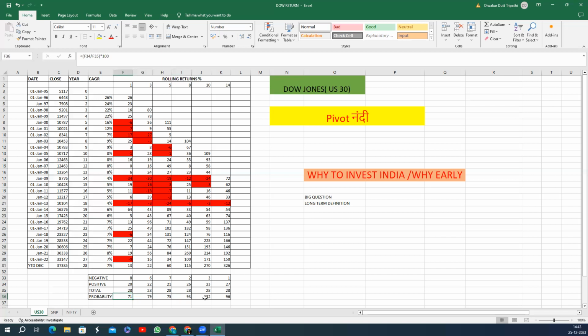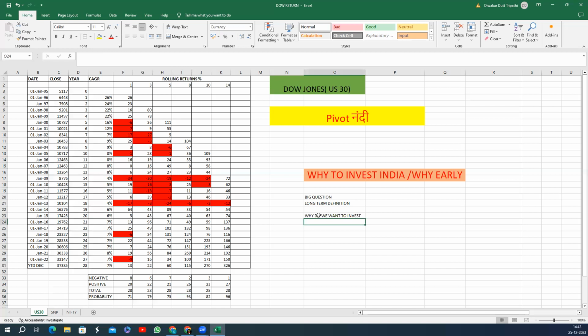So your horizon should always be a longer-term horizon, because why do we want to invest?